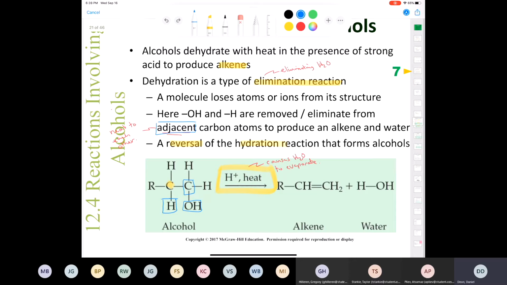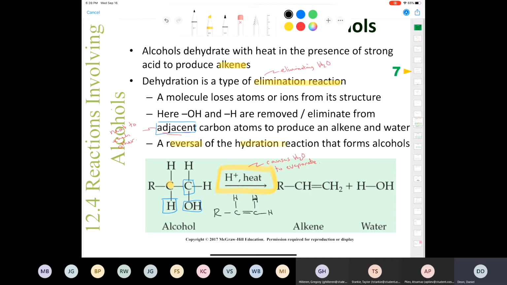So when I draw my alkene, I'm going to draw what's left over, and I'll go through it quickly. You would have the R group, the carbon that I had highlighted in yellow, the other carbon on the end. You have this hydrogen, and this hydrogen, and you've lost this hydrogen and the hydroxyl. What are you going to replace them with? You're going to replace them with the double bond.